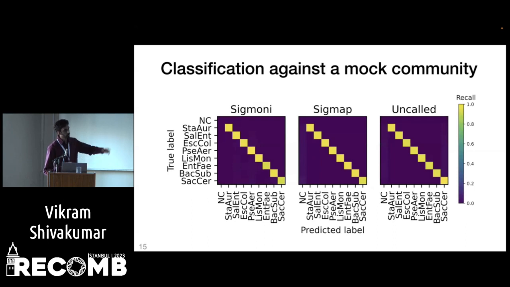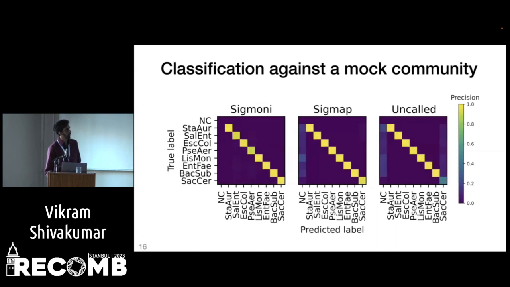As you can see here, the recall is pretty high for all 3 tools. When we start looking at the precision, it might not be very clear here, but UNCALLED and Sigmap tend to have pretty poor precision, unlike Sigmoni, which can very accurately classify reads. And so Sigmap and UNCALLED also fail to classify a lot of reads because of signal noise, and Sigmoni can classify those reads.